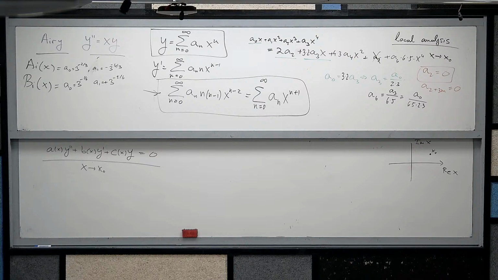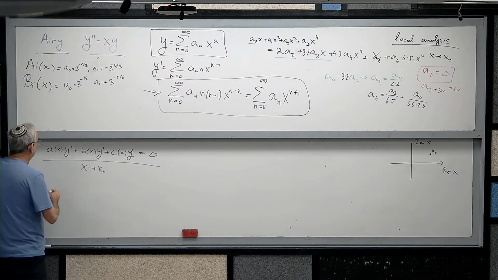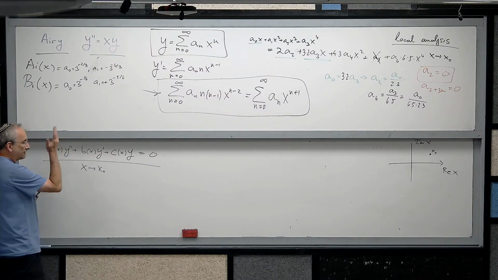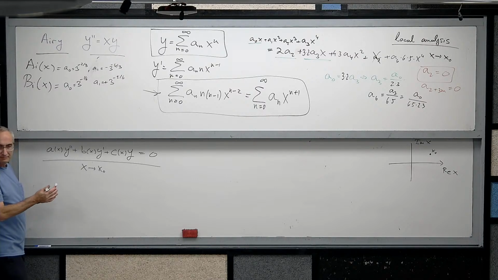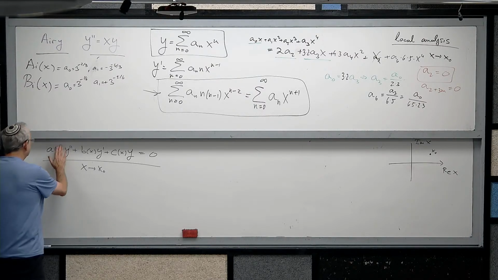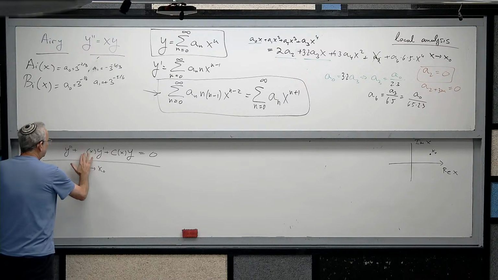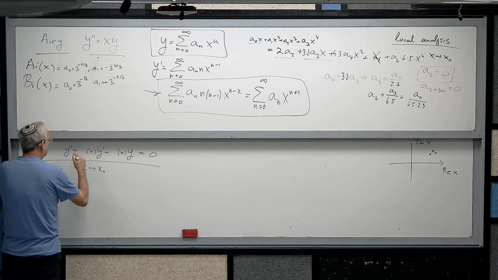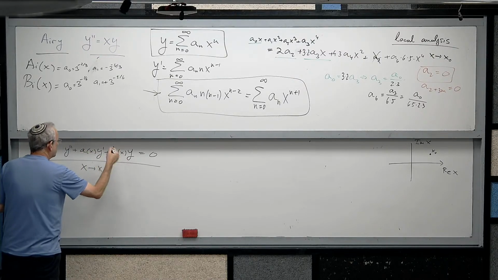What can we say? So first of all, let me make my life easier by dividing everything by a of x. I can do that, right? So I will end up with this being a of x and this being b of x.